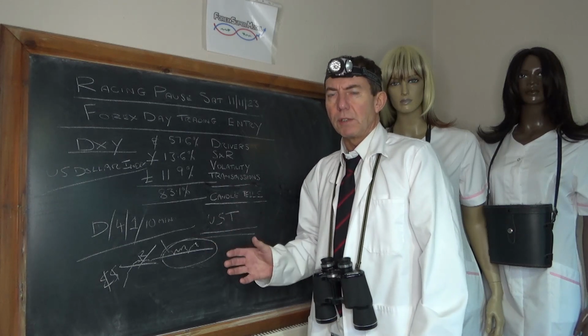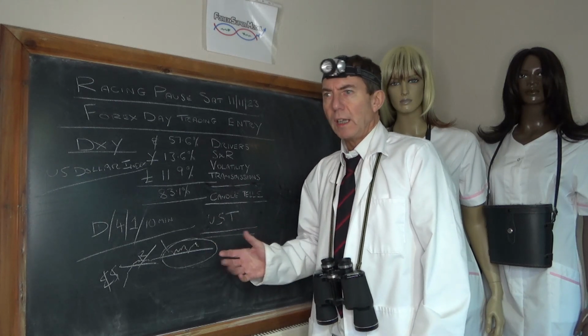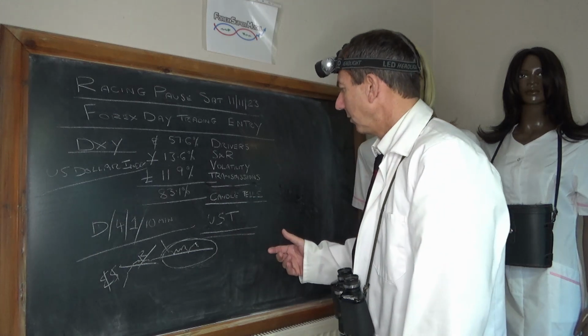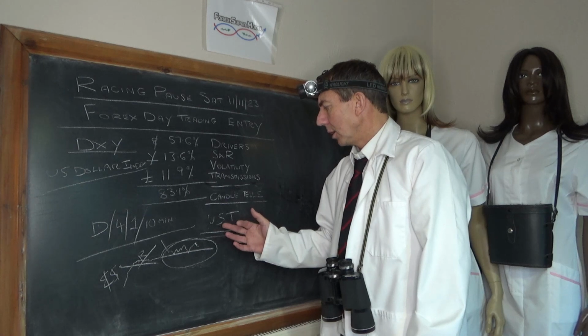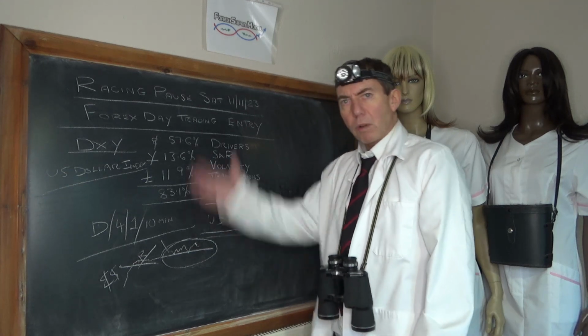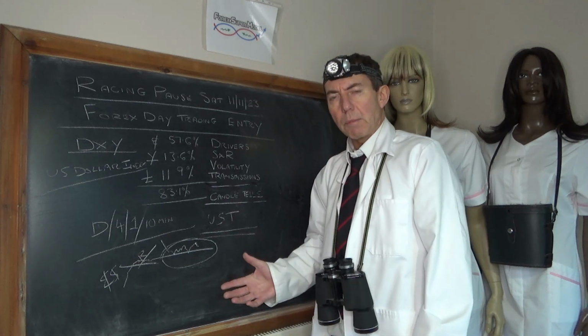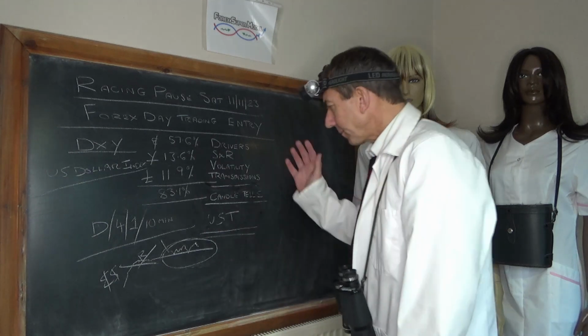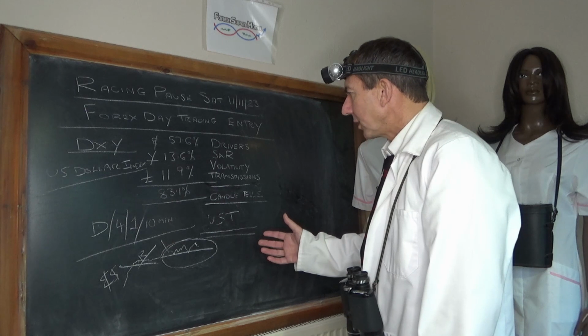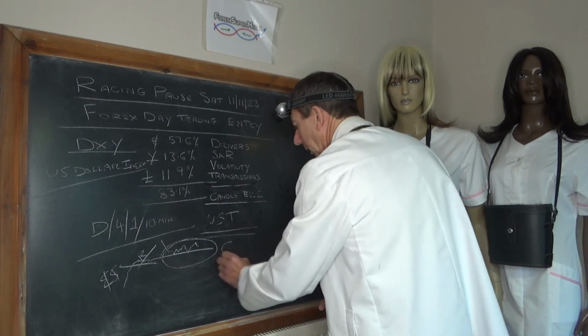They're the most sensitive to interest rate changes and the dollar moves, in our view. So you've got an inverse relationship with US Treasuries. If the price of Treasuries is going up, you're likely to see weakening in the dollar, and vice versa. So that's verification.